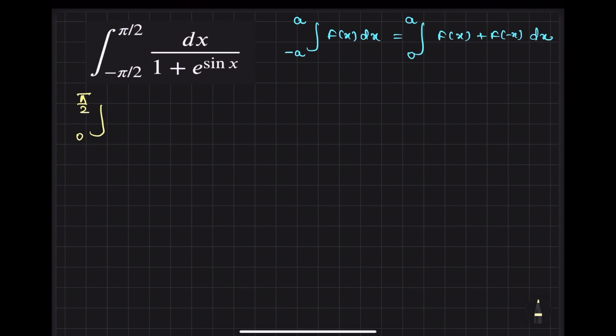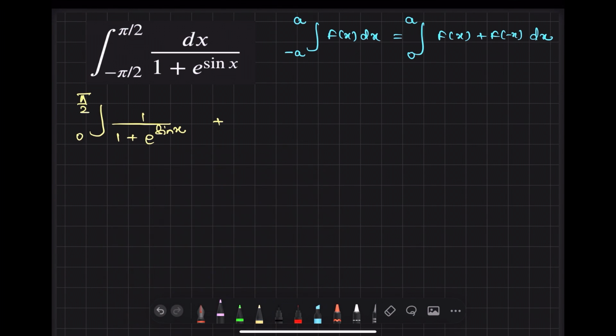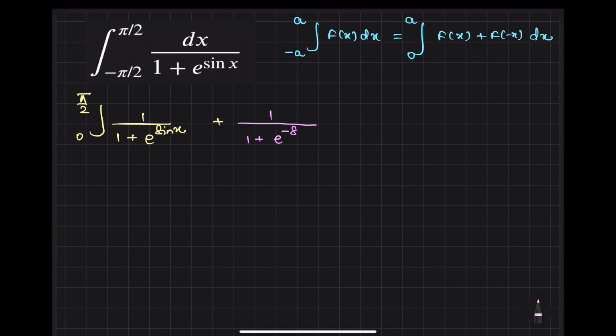So f of x is the same thing, 1 plus e power sin x, plus, now you have to replace x with minus x. So you have x over sine only. You know that sine of minus x is minus sine x. Correct? This thing you know.